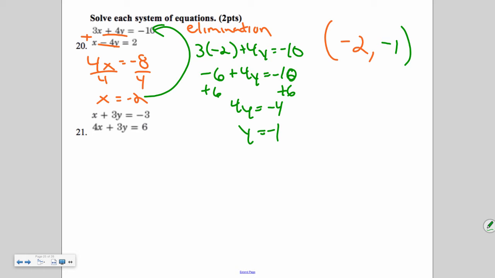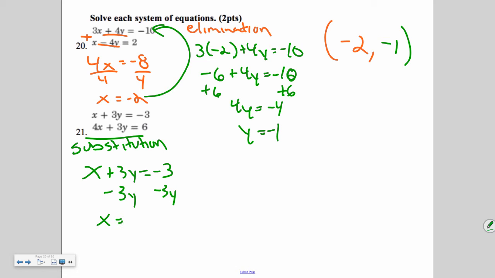I could also do substitution, where I solve for a variable. So if I have x plus 3y equals -3, if I just subtract this 3y, I have x equals -3 minus 3y.